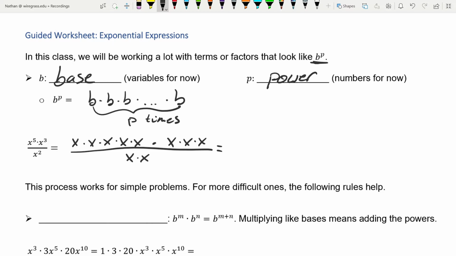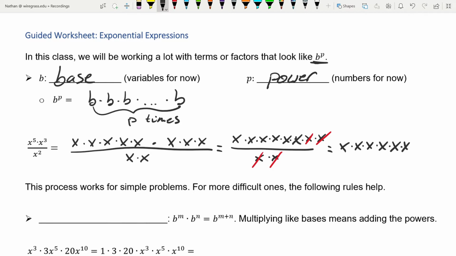Everything's multiplying here, so I can rewrite this as x, 2, 3, 4, 5, 6, 7, 8, all over 2 in the bottom. And at this point, you can see I can cancel out a common factor of x. That leaves me with 1, 2, 3, 4, 5, 6, which is the same thing as x to the 6th.